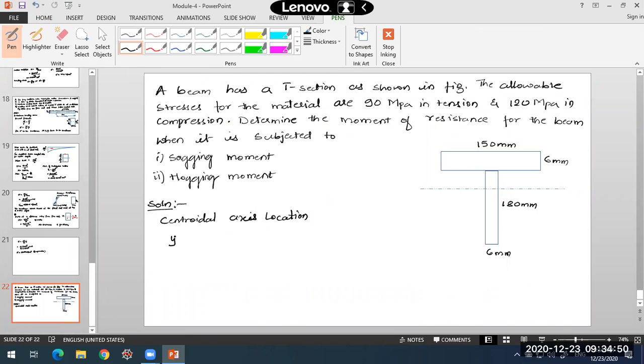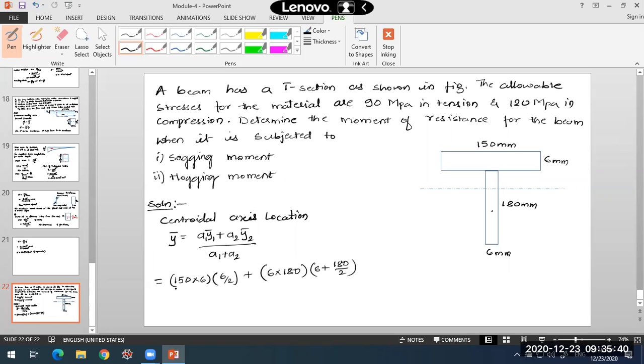So y bar will be equal to a1, which is 150 into 6, times y1 bar, the centroid of this first area from the top flange, which is 6 by 2, plus a2, the 6 mm width and 180 mm depth rectangle, times y2 bar, which will be at the mid depth, 6 plus 180 by 2.